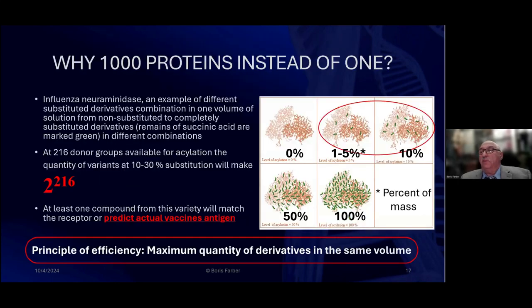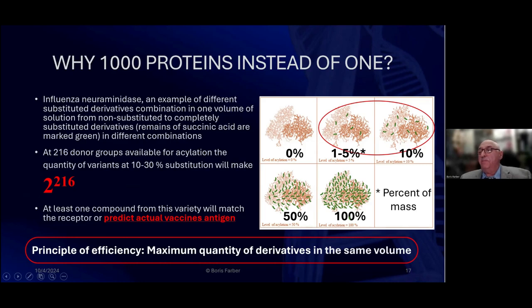During incomplete partial modification, modifying 2 to 10% of the surface positively charged amino acid residues, for instance for influenza neuraminidase, which has 216 available groups, leads to a mixture of, can you imagine this number, 2 to the power of 216 combinations of the molecules that will be modified.